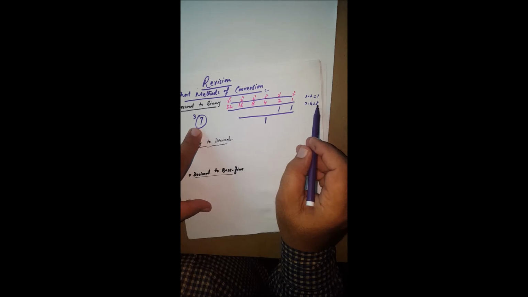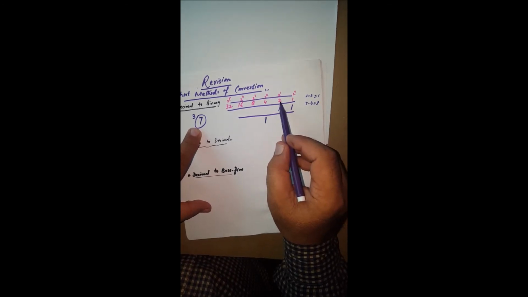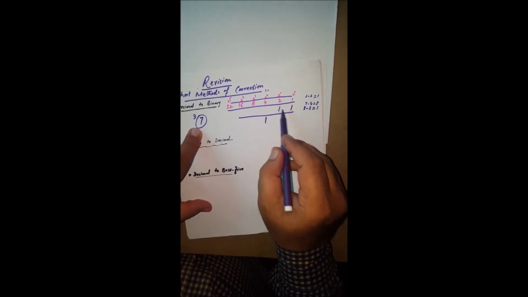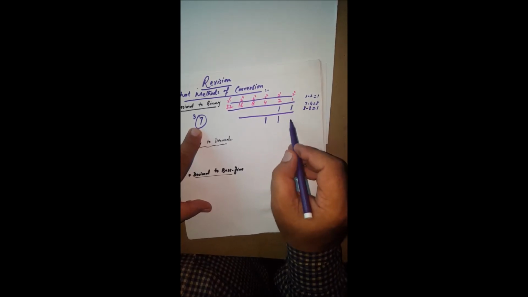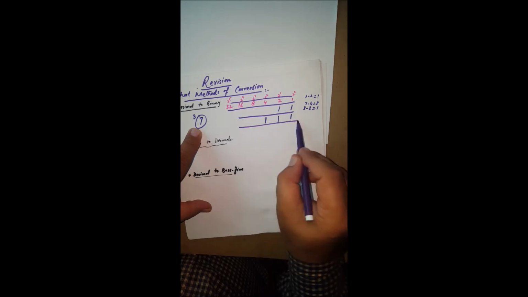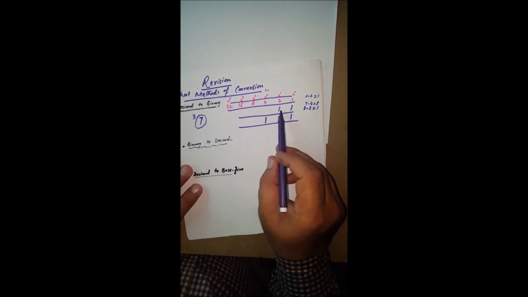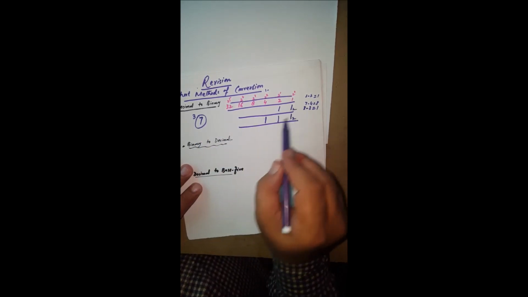Now the next number is 3. 4 is greater than 3, 2 is less than 3. So 3 minus 2 is equal to 1. We write 1 here and the remaining is 1, so we write 1 under the 1. So this is the required number in binary. 3 is equal to 11 and 7 is equal to 111 in binary. So we can convert any decimal number to binary by this method.